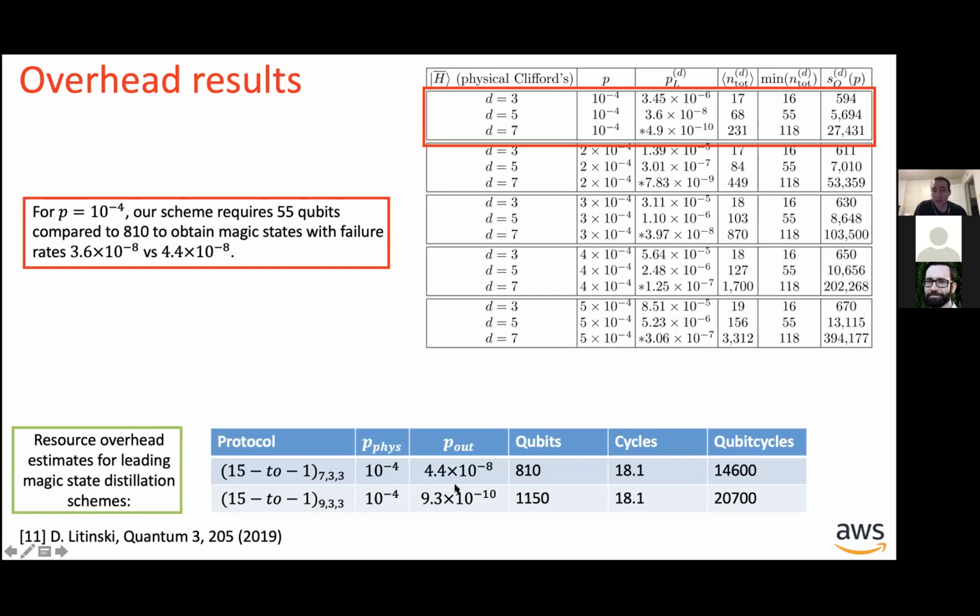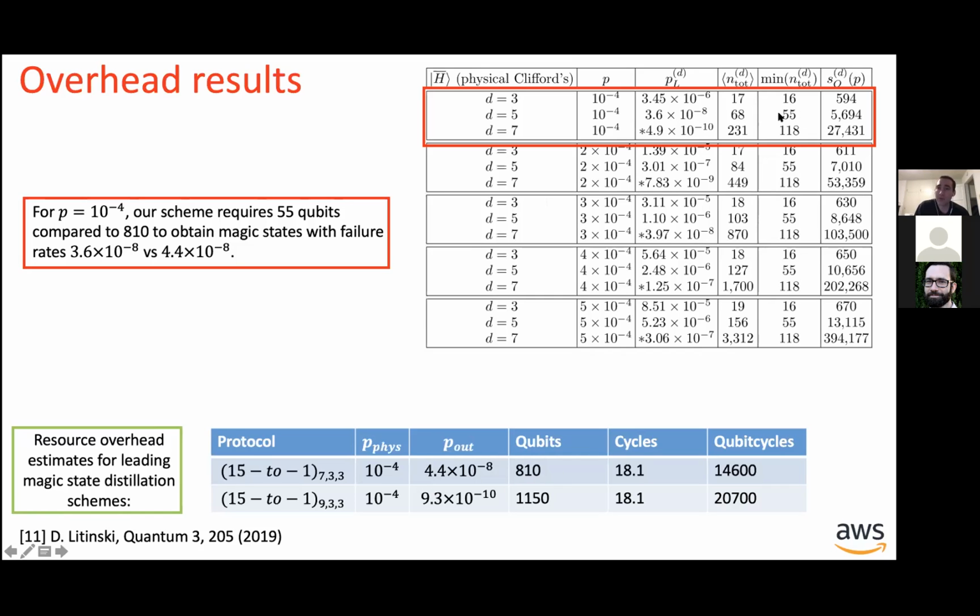You can see here that for an error rate of close to 10^-8, the number of qubits required is 810. And similarly, for 10^-10 failure rates, or 9 times 10^-10 in this case, you need over 1,000 qubits, whereas in our scheme, you would need around 118. So there's about an order of magnitude and more improvement using these fault-tolerant protocols.